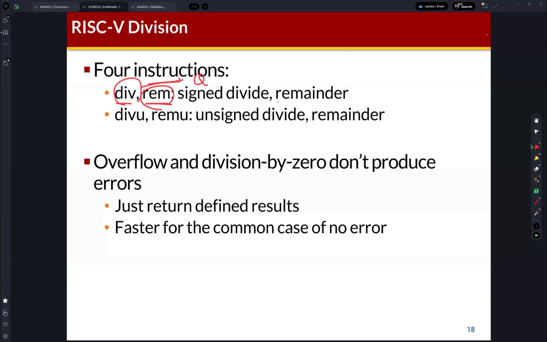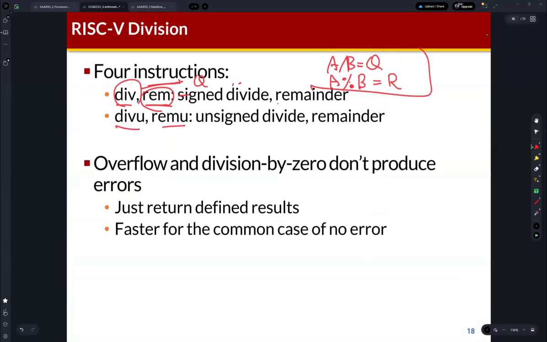It's similar to the modulo operator in C. If we use A divided by B, then we get the quotient in C. If we use A modulo B, then we get the remainder in C. So RISC-V also supports division and remainder instructions. And if we use unsigned numbers, we can use divu and remu.